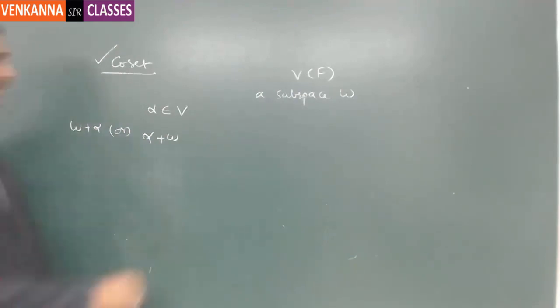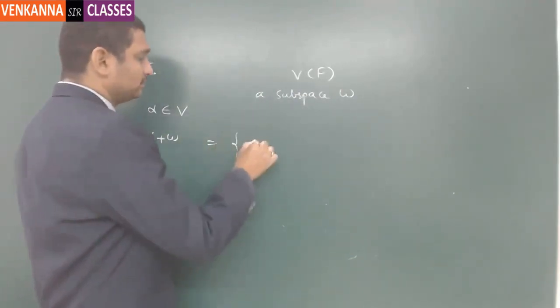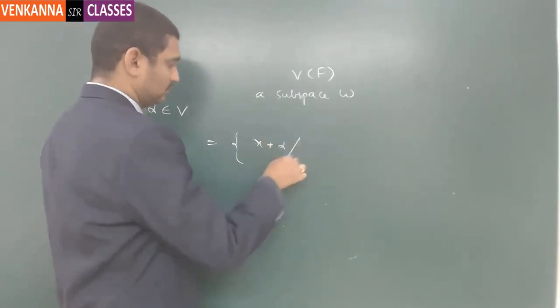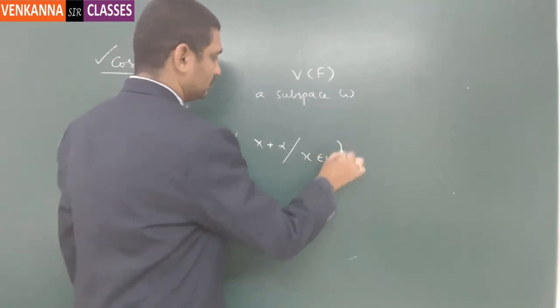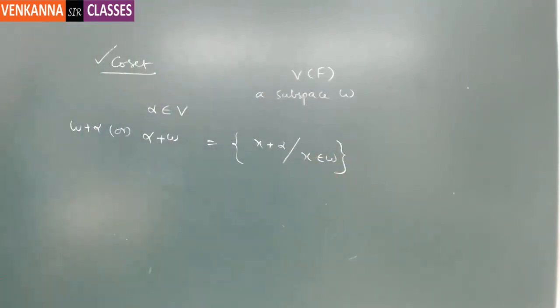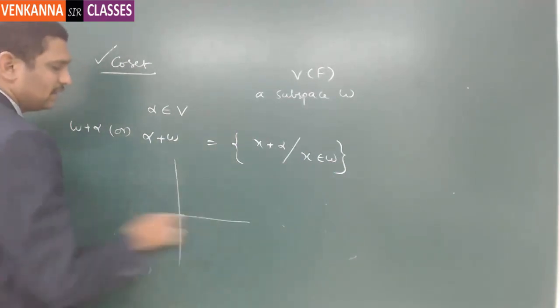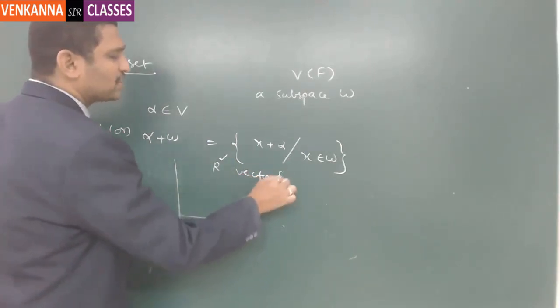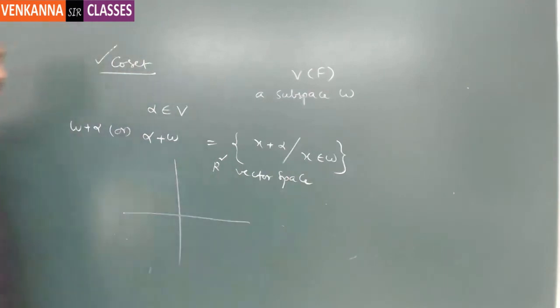And how is it defined? That means for every element in W, you are adding alpha. So if you want a geometrical view, suppose you consider R square as the vector space, the two-dimensional thing. Now what happens?